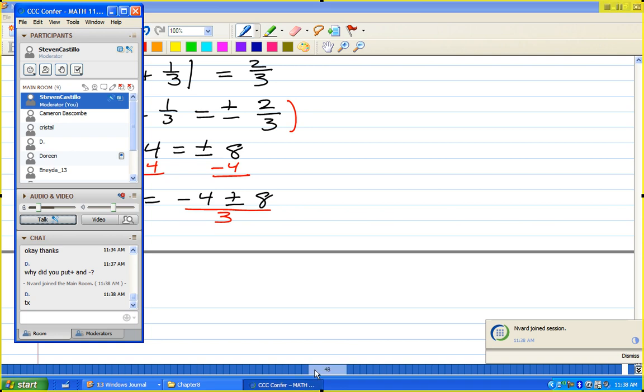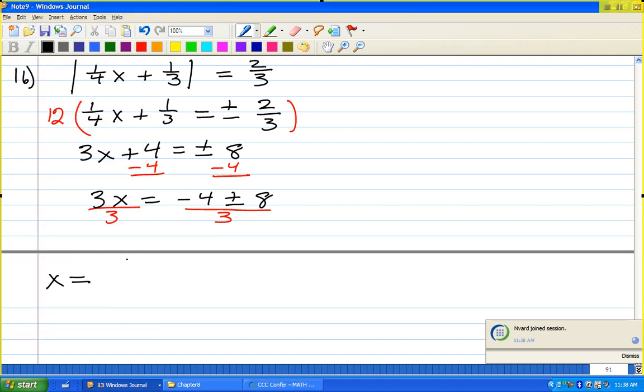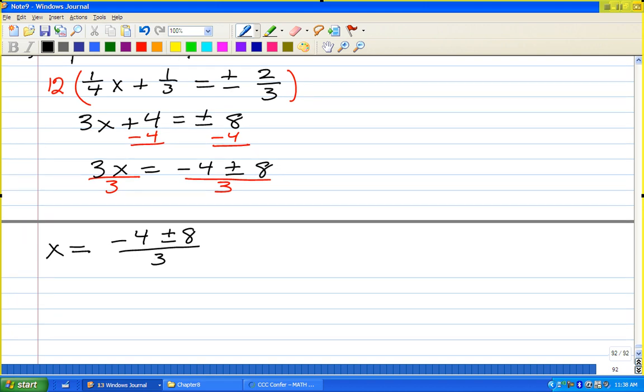Okay, so x is equal to -4 plus or minus 8 over 3. So let's simplify that. So x is equal to -4 minus 8 over 3, which is -12 over 3, which is -4.